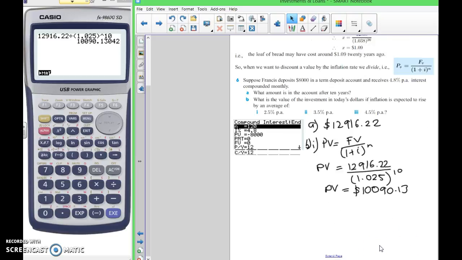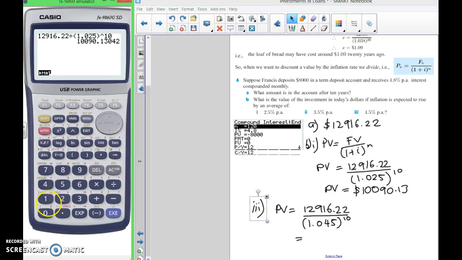Now we'll do one more. Have a look at the third one, and we'll look at the effect that 4.5% would have rather than 2.5%. So the same number will go up the top over 1.045 this time inside our bracket to the power of 10.